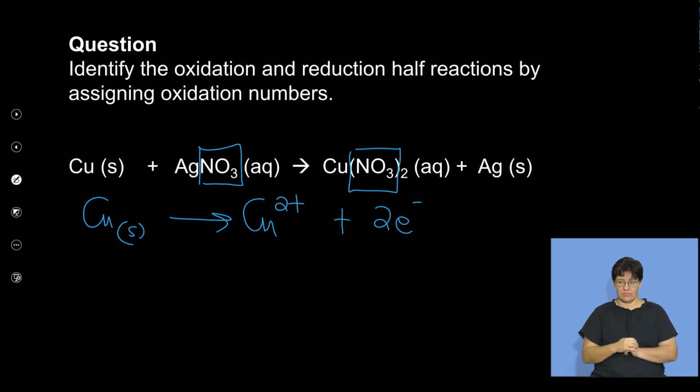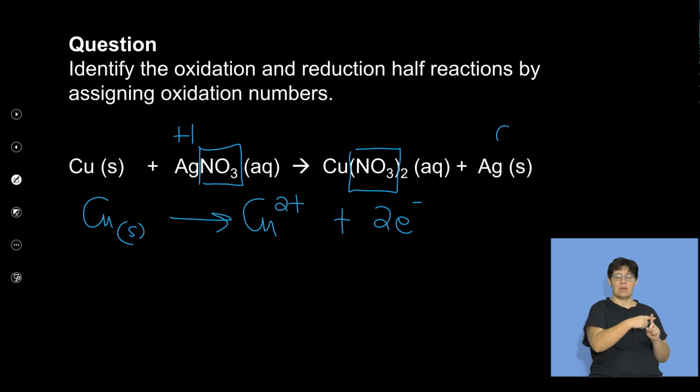And then in terms of silver, in this combined state, we know the nitrate ion is -1. So silver in this case is +1, and then on the other end, it's 0. So what happened to silver? Silver underwent a decrease of oxidation number. It decreased from +1 to 0.